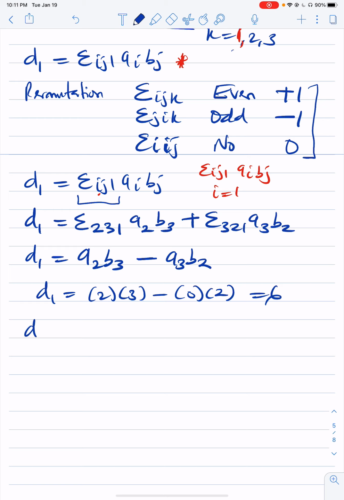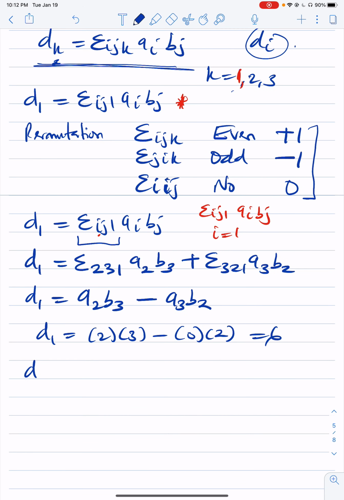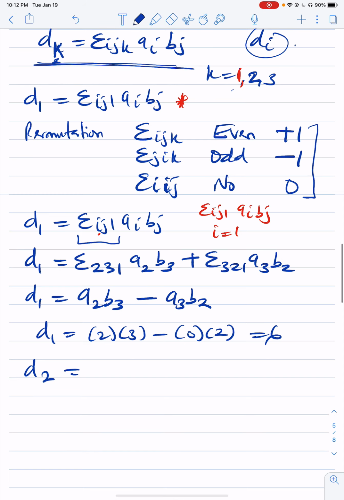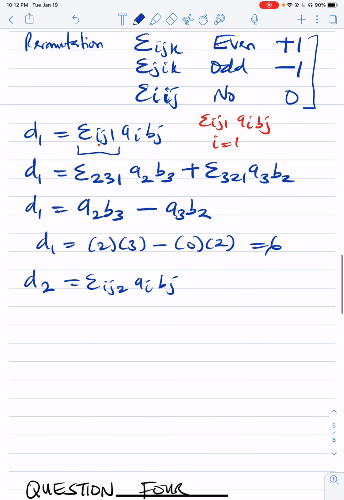Similarly, now this was for K equal to 1 here. So for K equal to 2 this time, because look, this is D_K, epsilon_ijk. If we remove this K and put 2 there, it will be D2 equals epsilon_ij2 A_i B_j, right? So the same logic applies.